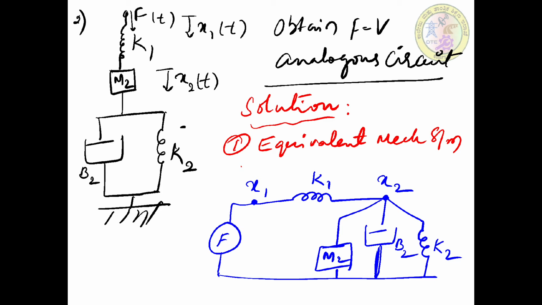But K1 is between the two nodes x1 and x2, so we have f of t equal to K1 into x1 minus x2. It is x1 minus x2 because we are writing at node x1. We call this equation 1.